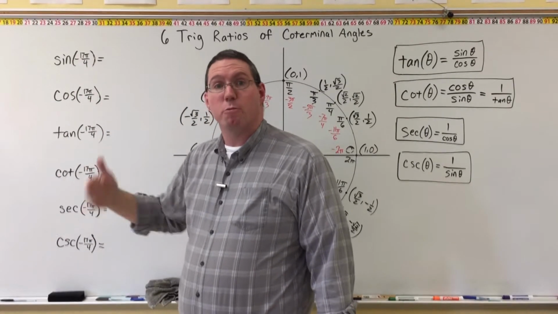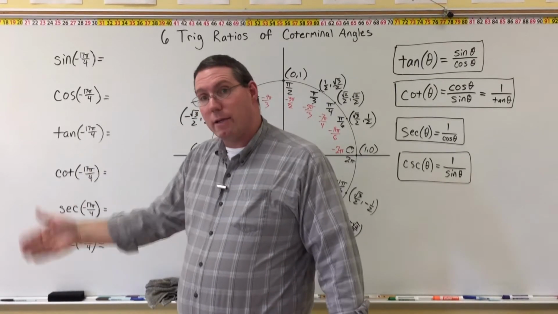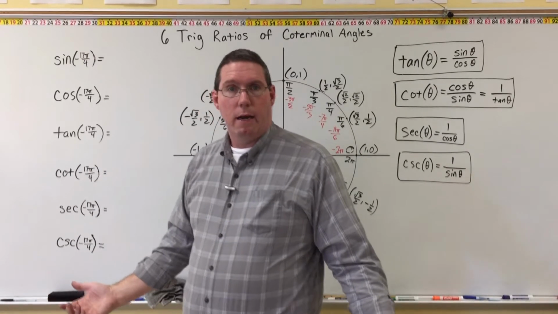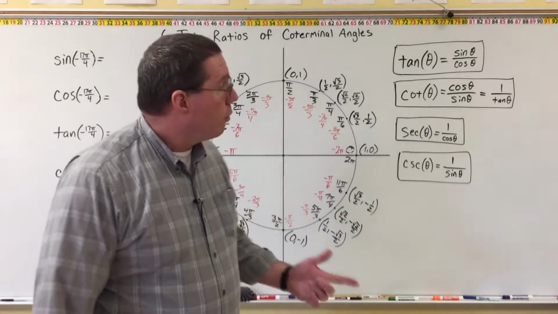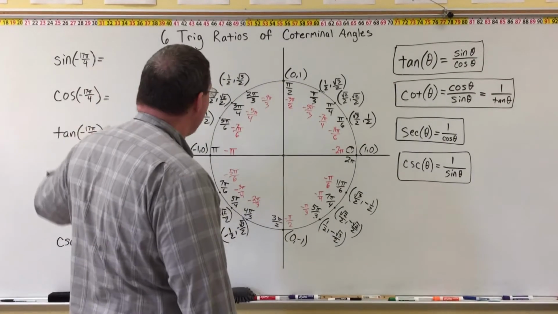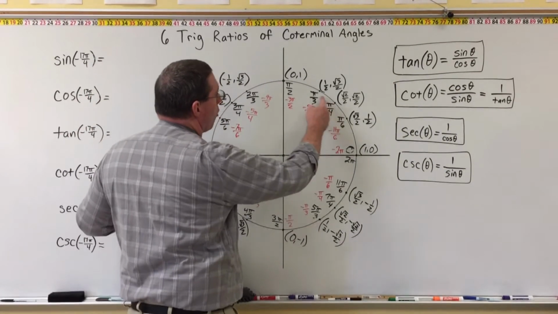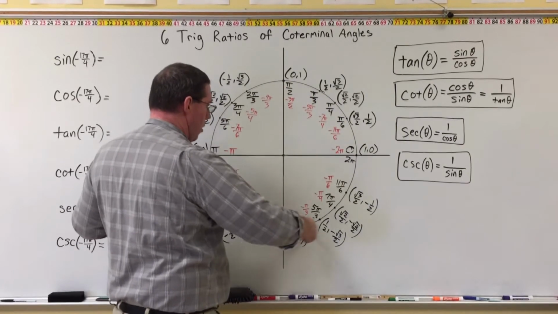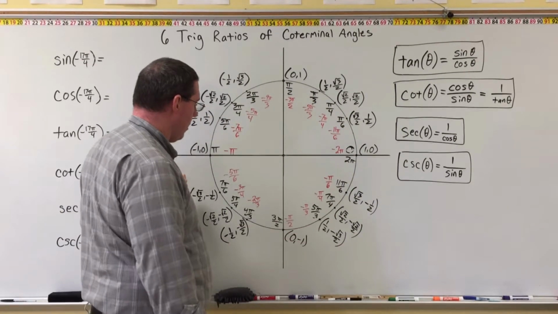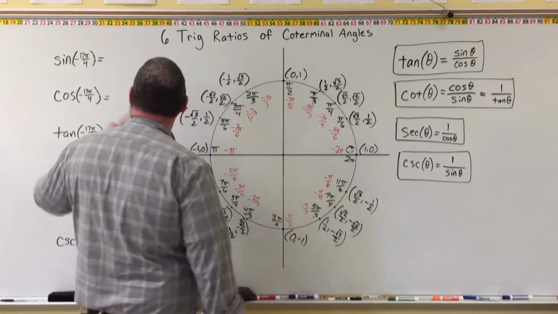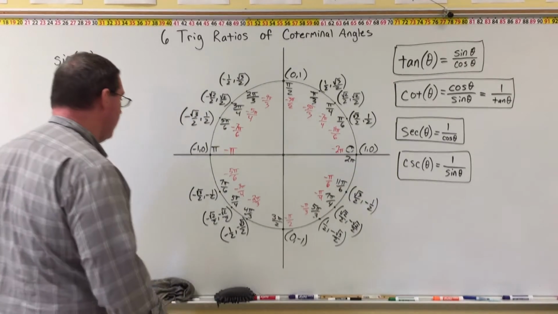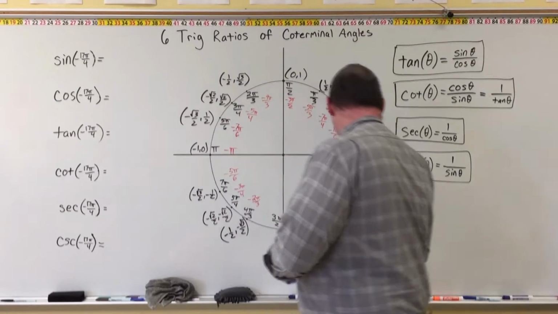And remember, you're going to keep subtracting 2 pi or keep adding 2 pi until what? When are you going to stop, Mr. Ryan? You're going to stop when the angle that you come up with is one of these original angles on the unit circle.